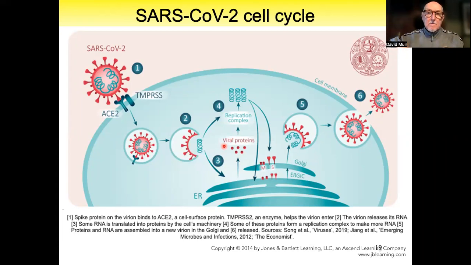The other part of the RNA genome is read off just as if it was messenger RNA, and it produces the viral proteins, but it does so in association with the endoplasmic reticulum and with the Golgi apparatus.